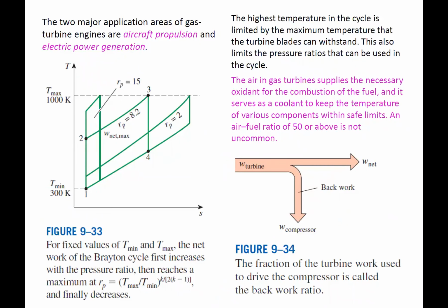In these high pressures, the turbine exits here and the compressor exits there, and we can't transfer heat from here to here. Heat wants to go this way, the wrong direction, versus in the low pressure ratio, we're good. We have high temperature here, so we can transfer that heat this way and preheat here.